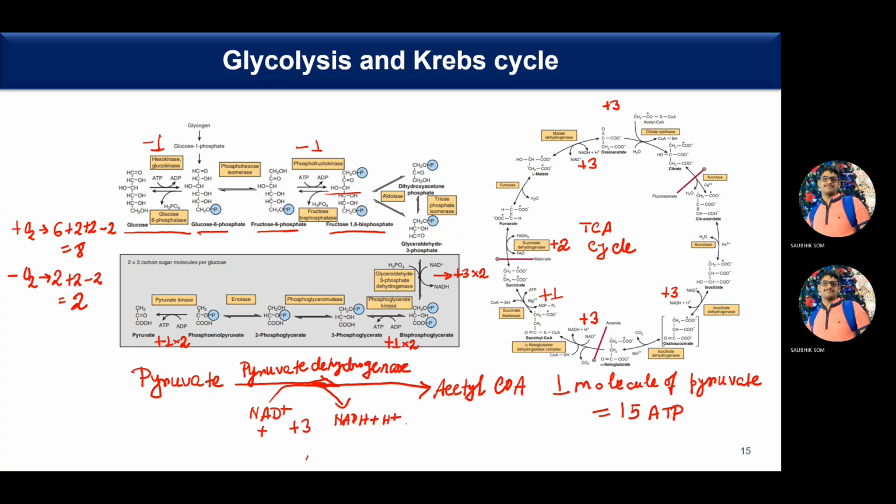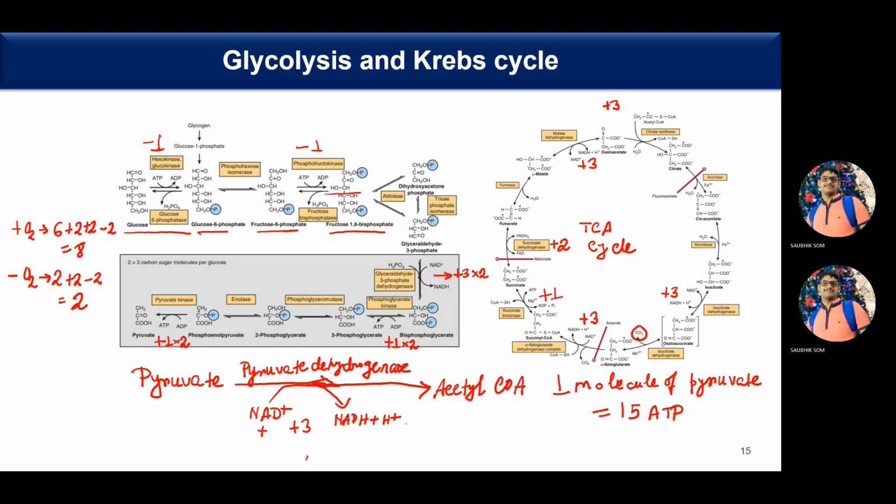And the Krebs cycle will only happen in the presence of oxygen, right? In this step, in respiration, we are giving off CO2.